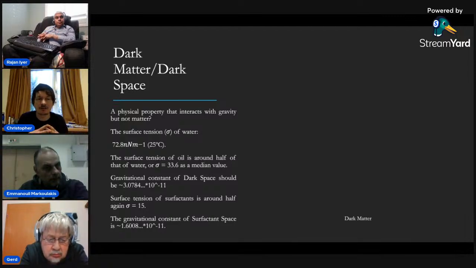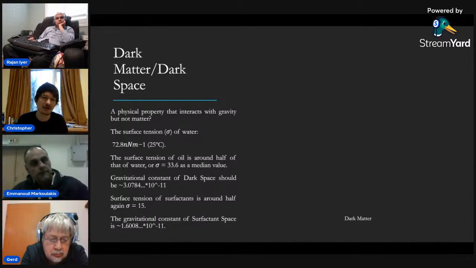So then we'd be looking at dark matter, and what we know about dark matter is that it doesn't interact with ordinary matter, but it is affected by gravity, which means it sort of interacts with space. As a motivation, we could ask, what is a physical property that interacts with gravity but not matter? And we come up with the obvious conclusion of space. Space does that. So dark matter could be a kind of space, perhaps.